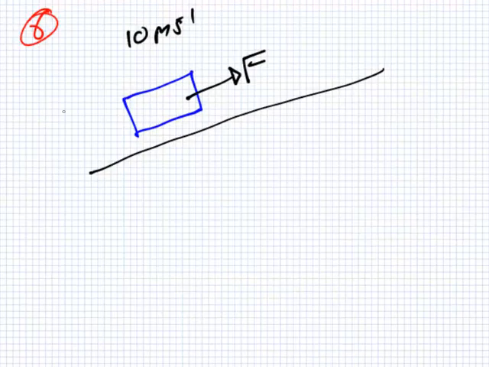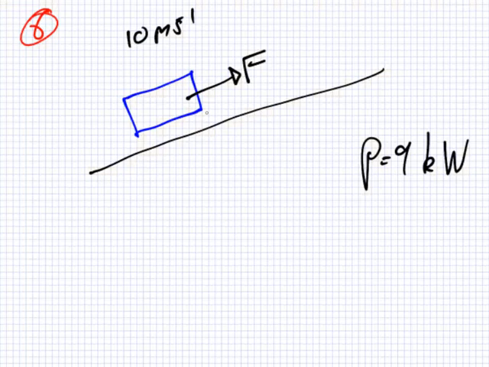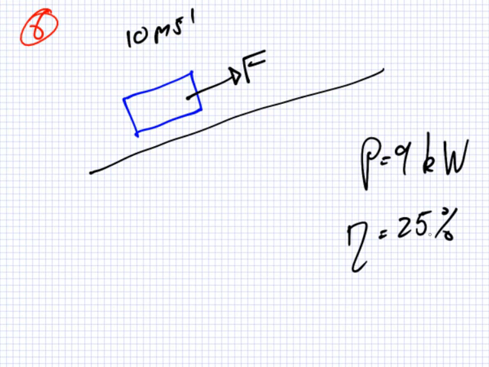The power of the engine is 9 kilowatts, and the efficiency is 25%. Okay, so the first thing I want to do is work out the power output of the car, because not all 9 kilowatts is used. Most of it is heat.